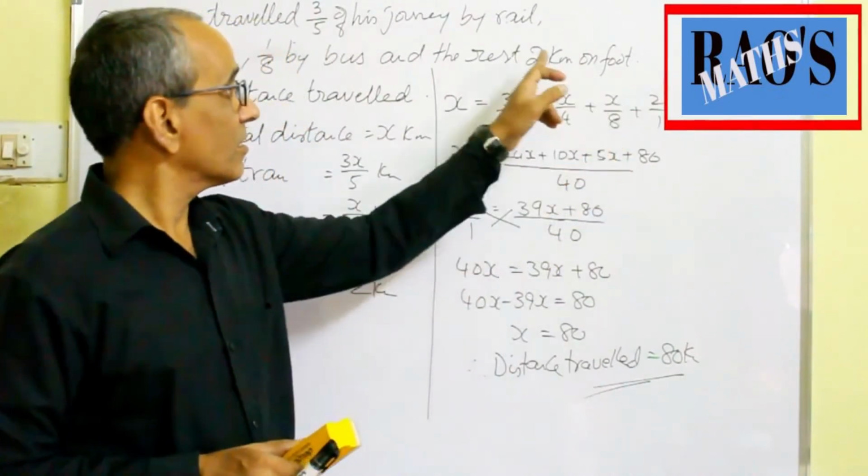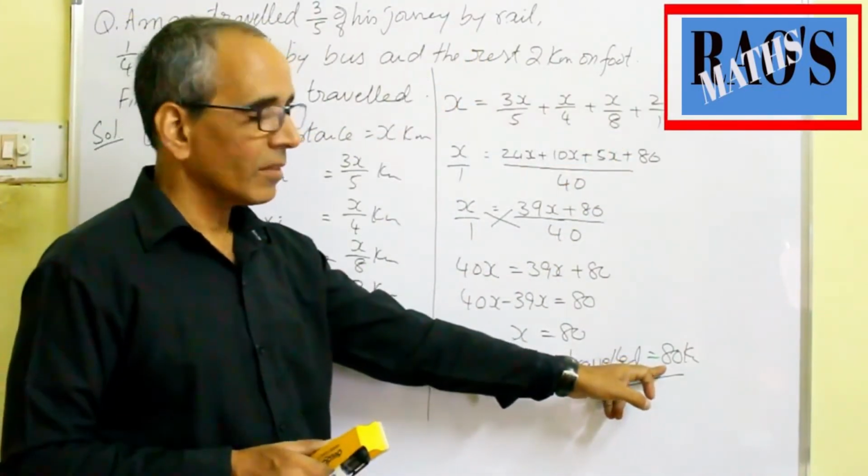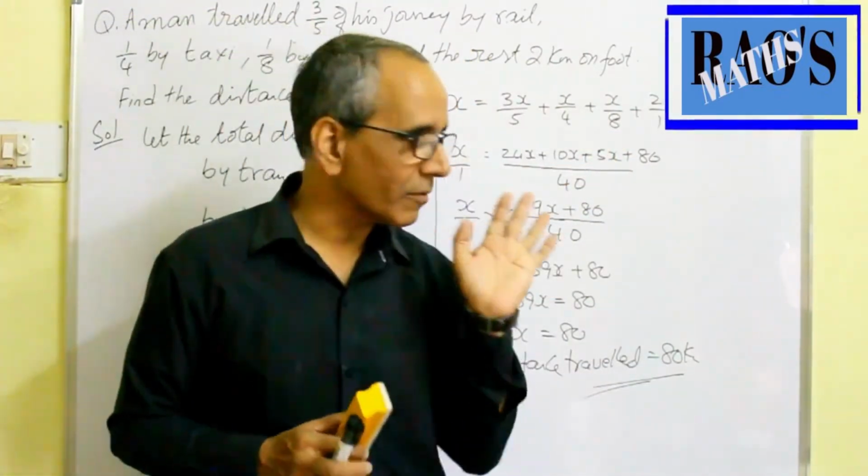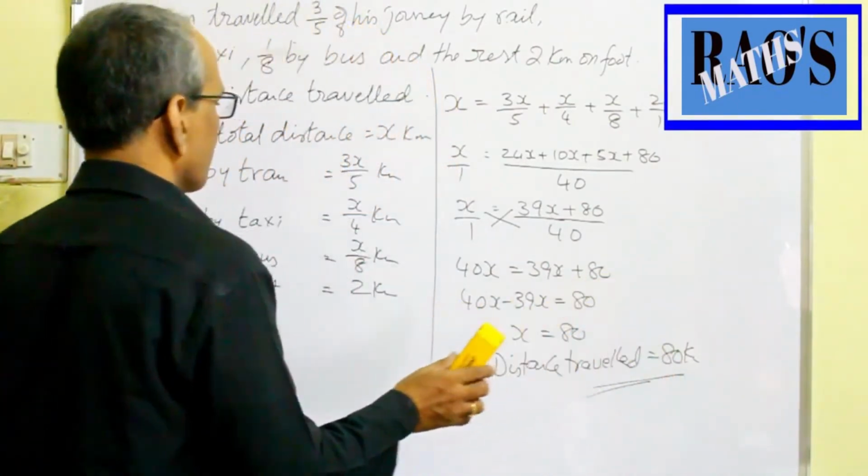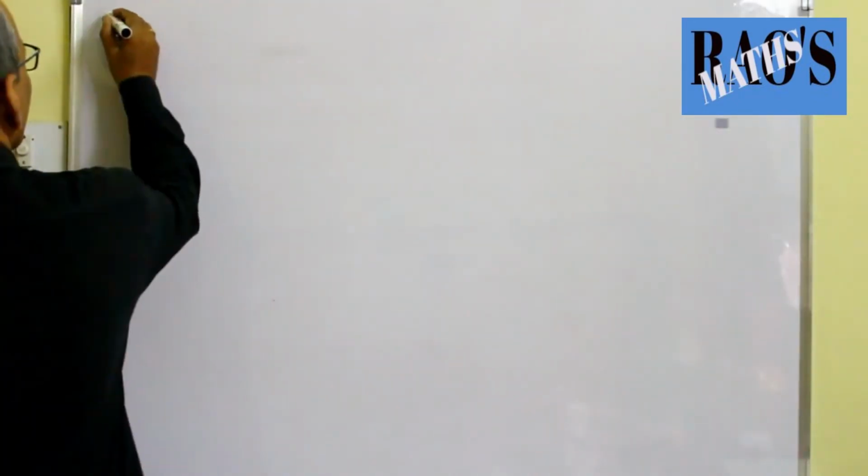Here the number is kilometer, then the final number is rupees. That is the only difference. Rest is the same. So here is the question.